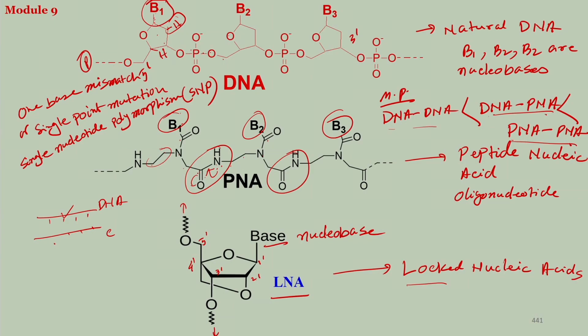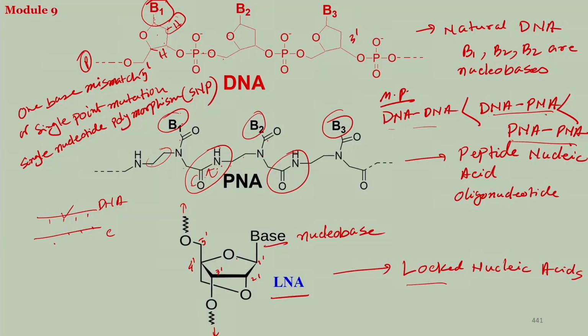Since it has a peptide-like backbone, cells sometimes allow the molecules to get in. So, it is a better molecular probe for living cell studies, and of course, it has the advantage of stronger binding.